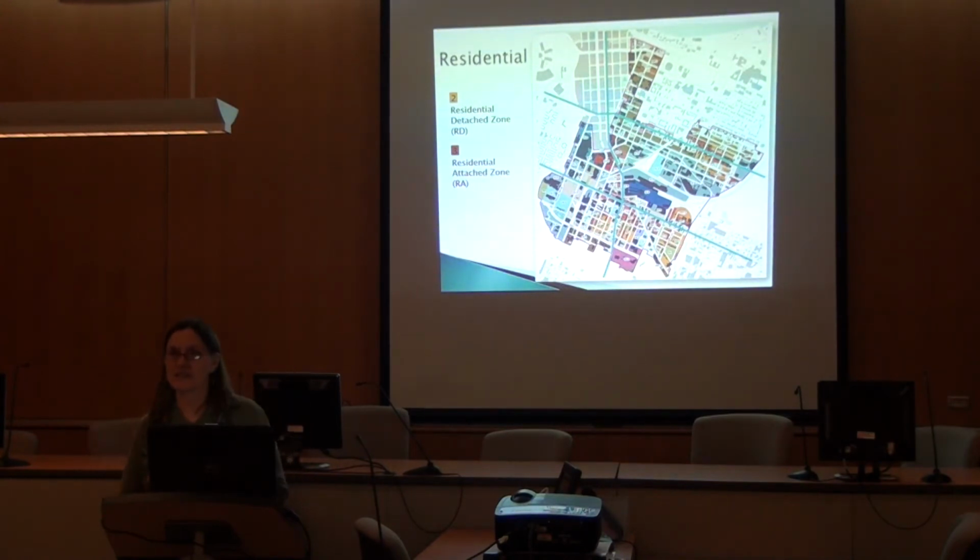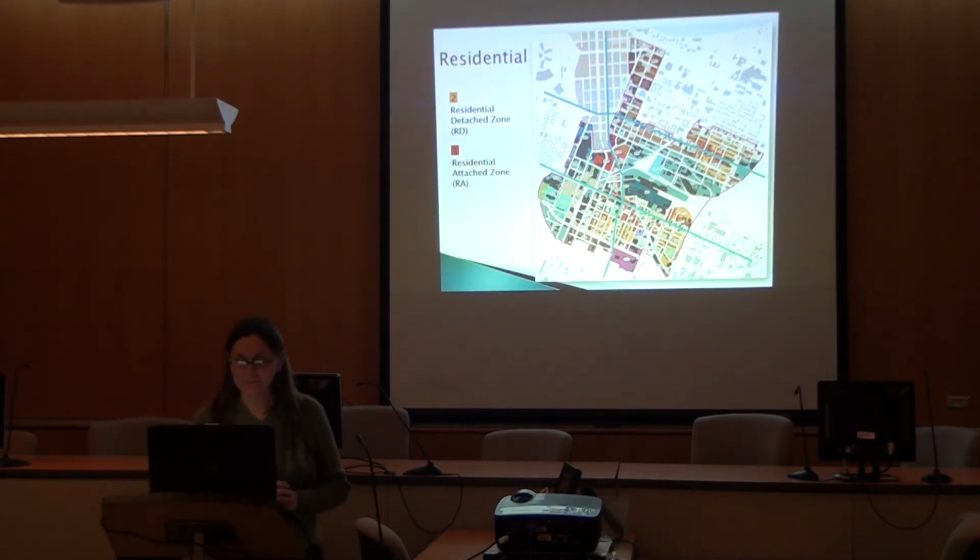So on some major streets, we're allowing for some more intense residential development. But again, trying to be careful about those transitions and make sure that we don't encroach on those existing single-family areas with something a lot taller or a lot more intense.